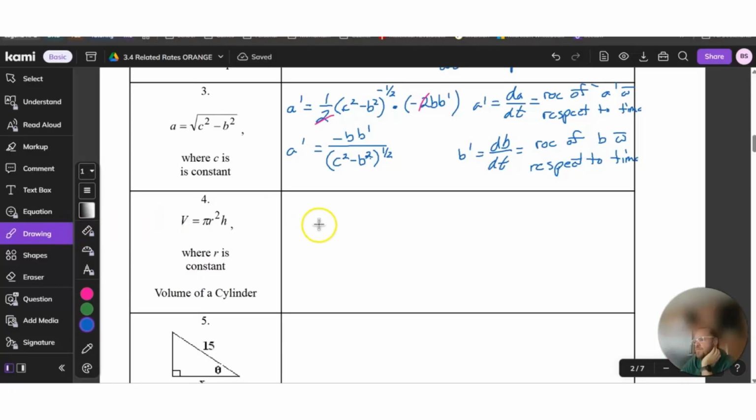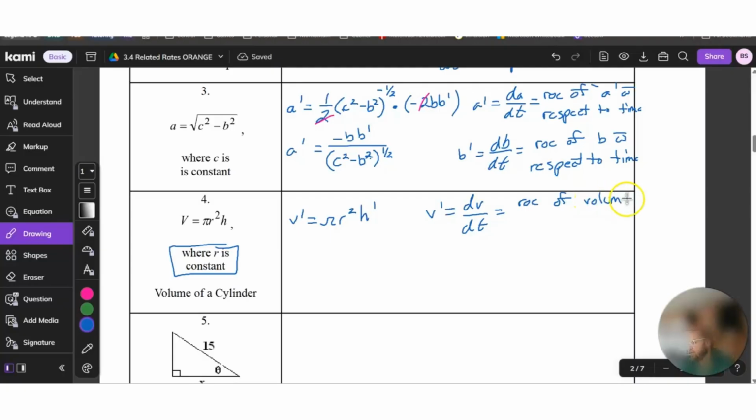Okay? All right. So V prime is equal to pi r squared h prime, because r is just a number. We're treating r like some number in this case. There's another one that we're going to do where it's not. We've done this before. What is V prime, guys? The rate of change of, what does V stand for? Volume.